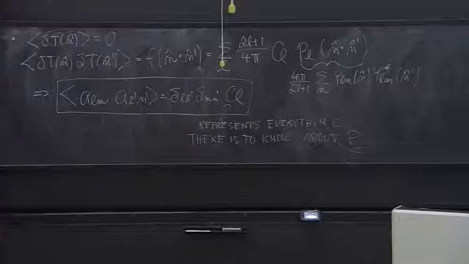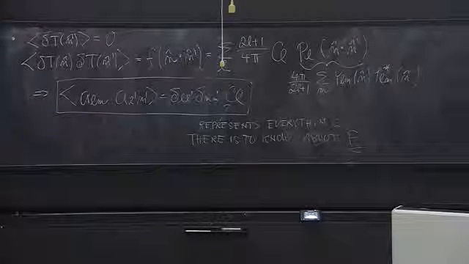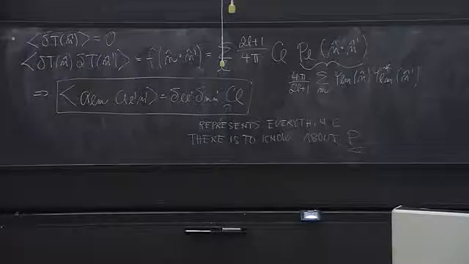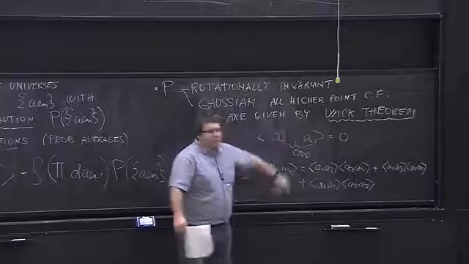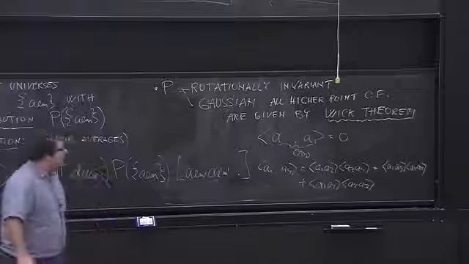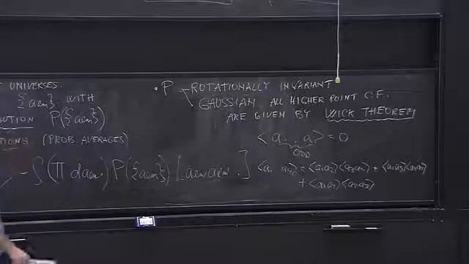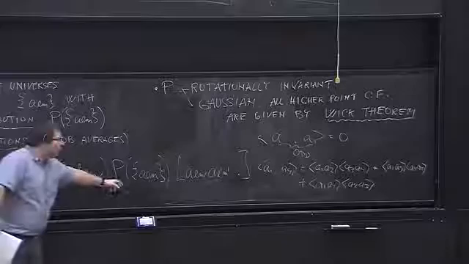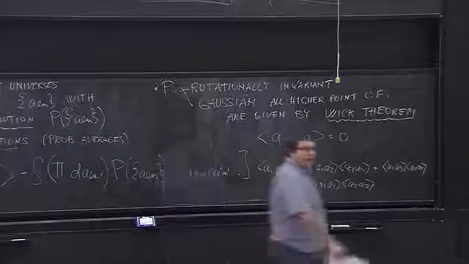Because if I have this CL, I can calculate this two-point function. I postulated Gaussianity, so everything reduces by Wick's theorem into two-point functions. I can calculate any point functions, and of course, any point functions give me what this probability is.